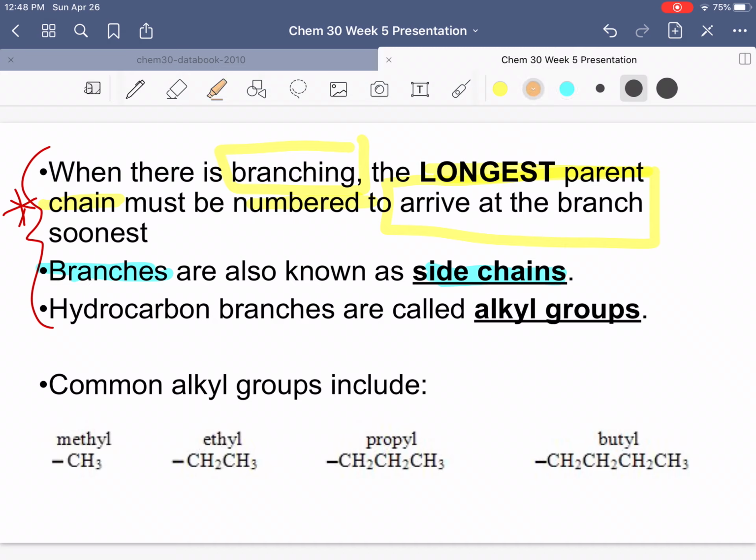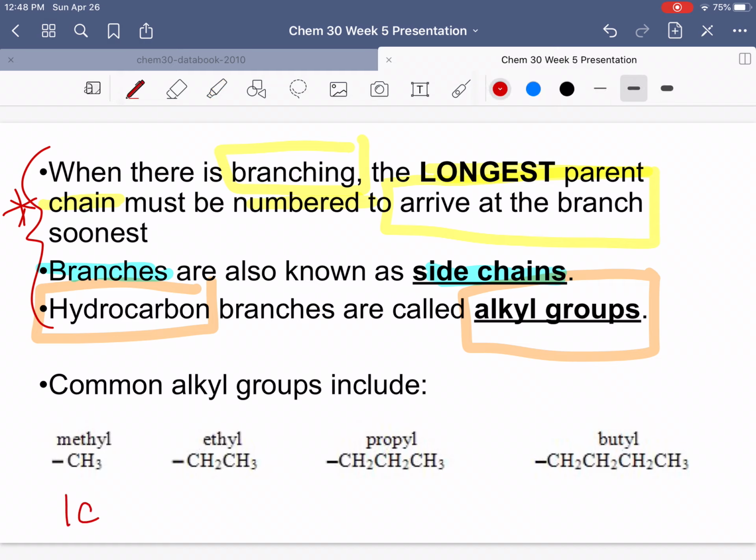When you put branches on these hydrocarbons, like an alkane, they have a special name, alkyl group. Lots of new words, guys. So let's clarify that: an alkyl group is a branch or a side chain on a hydrocarbon, such as alkanes. And a few of these common ones, and these are written out in your notes, we've got a 1 carbon side chain, a 2 carbon side chain, 3 carbon side chain, 4 carbon, and these would keep going, guys.